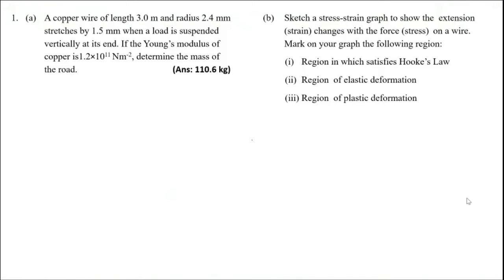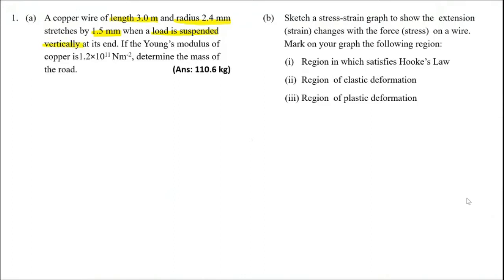given here we have a copper wire of length 3 meter and the radius is given, which is 2.4 millimeter. Then this copper wire is stretched by 1.5 millimeter when the load is suspended vertically at its end.